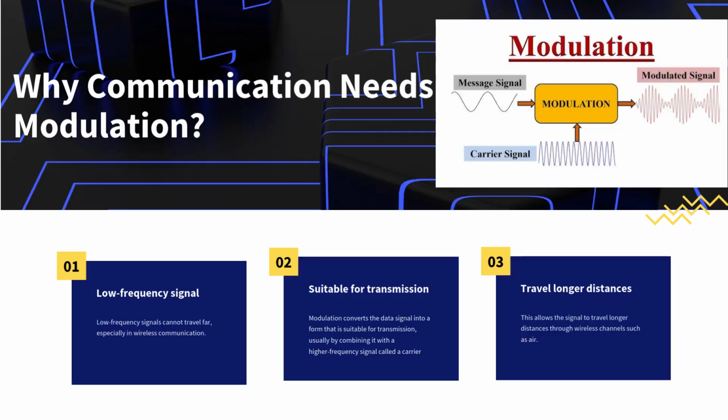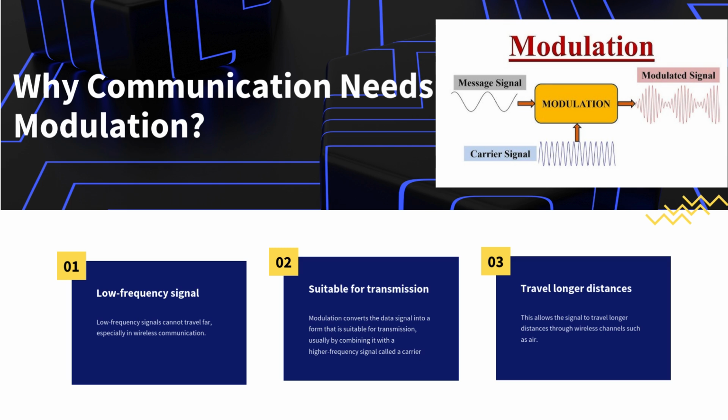Next, let's talk about communication. Why does communication need modulation? The data produced by a sensor is usually a low-frequency signal. The low-frequency signal cannot travel far, especially in wireless communication. To solve this problem, we use a process called modulation.